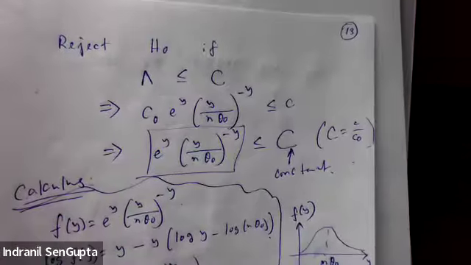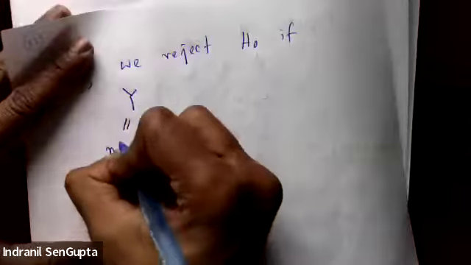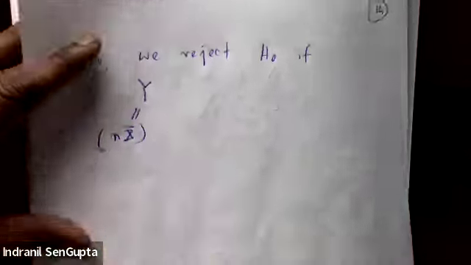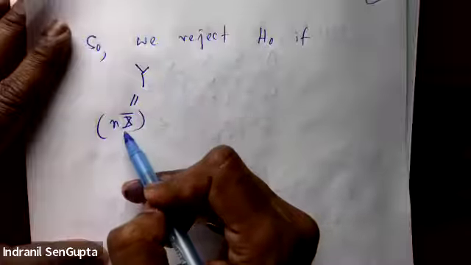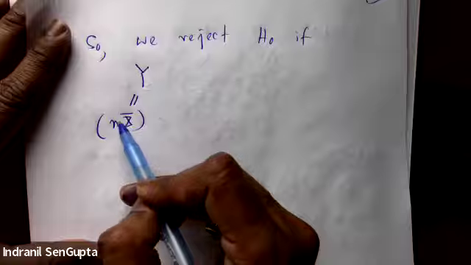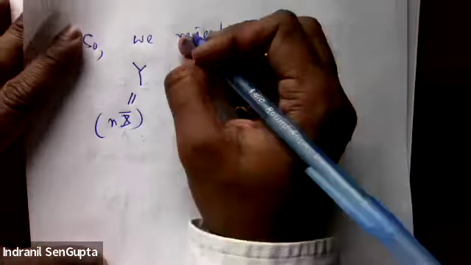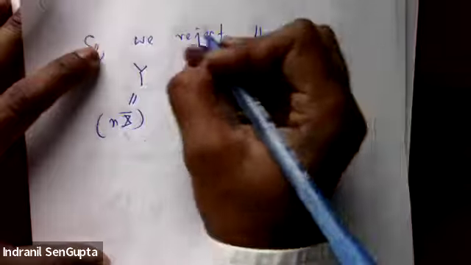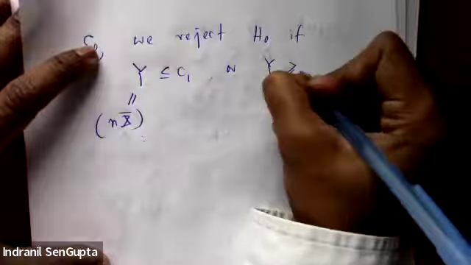We defined this Y as summation of Xi, right? So this is basically N x bar, because X bar is summation of Xi over N, and this N cancels. So we reject if Y is less than C1 or Y is bigger than C2.